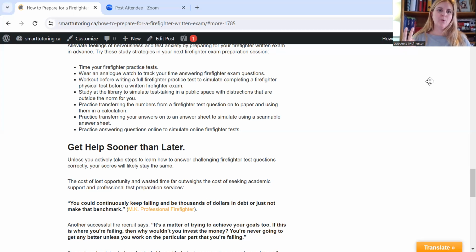Okay, next point, study at the library to simulate test taking in a public space with distractions that are outside the norm for you. This reminds me of, I'm not going to name the city, but there was a big recruitment in an outdoor convention center, and there were pigeons in the rafters.